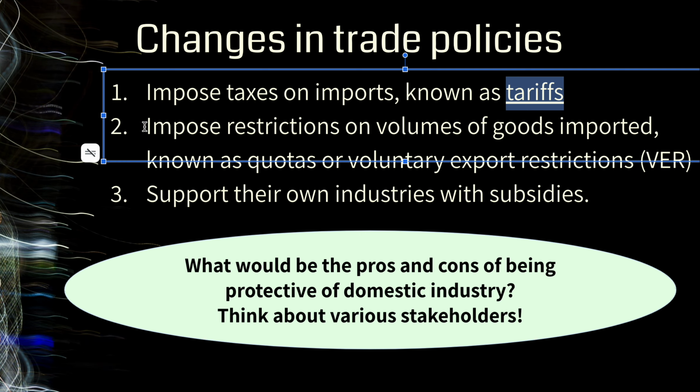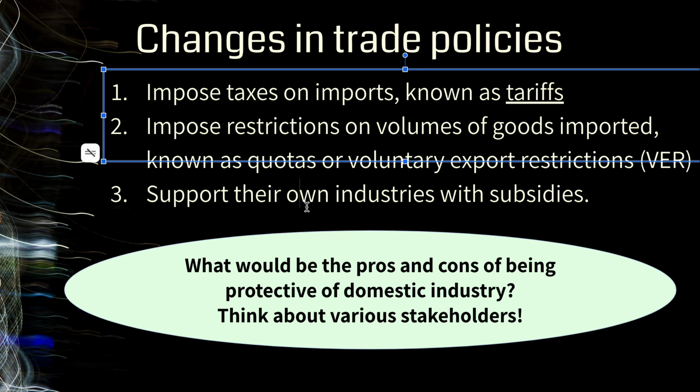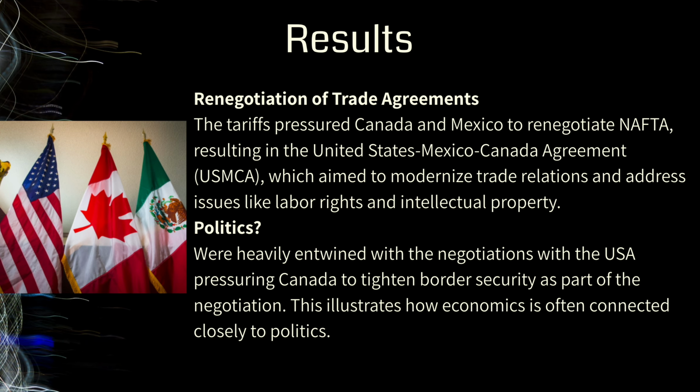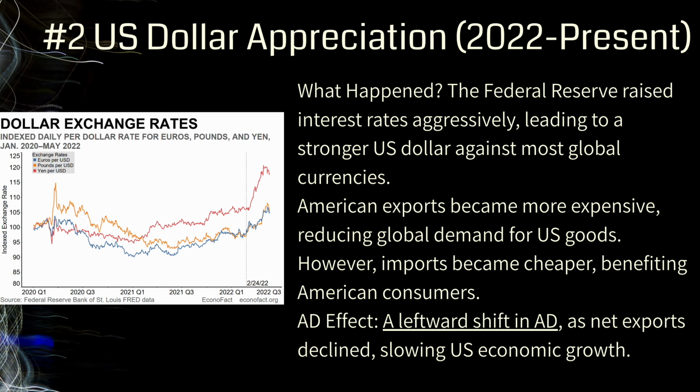Keep in mind, some countries just have restrictions on volumes. So they say, look, we'll trade with you, but only to a certain amount. Finally, some countries will just help fund their own domestic industries so they can fight off foreign investments, right? Foreign companies. And I think on that note, that's it. That was a rather long one, but I think important one. Aggregate demand.